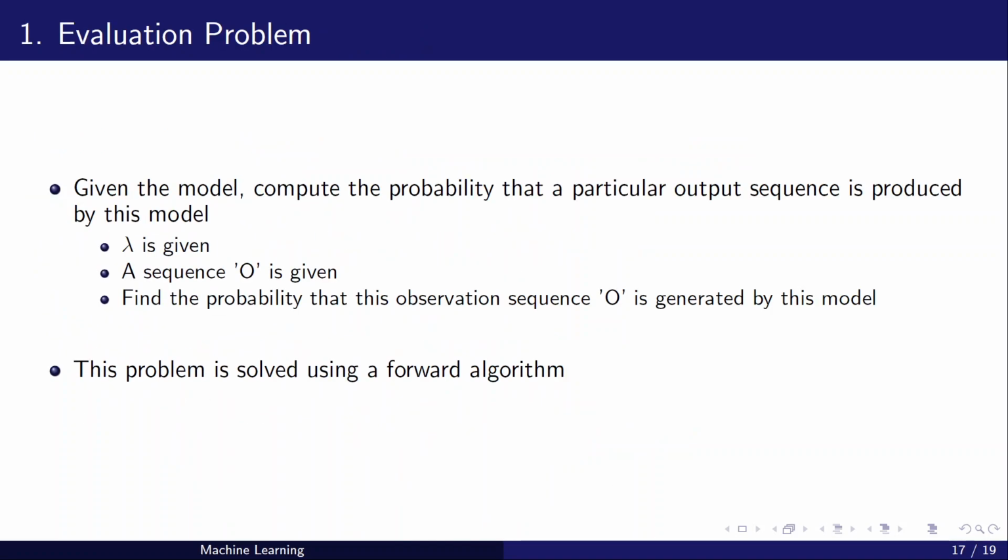So take all the state sequences that can generate this observation sequence, and find the sum of all these probabilities. That is called the probability that this can be generated. This is what you mean by the evaluation problem. Your model is given, a sequence O is given, find the probability that this observation sequence is generated by this model.